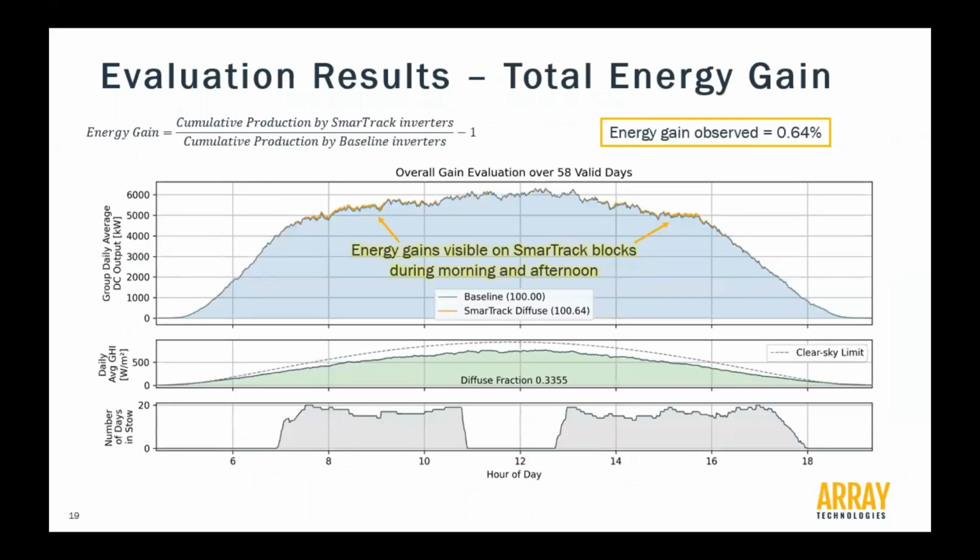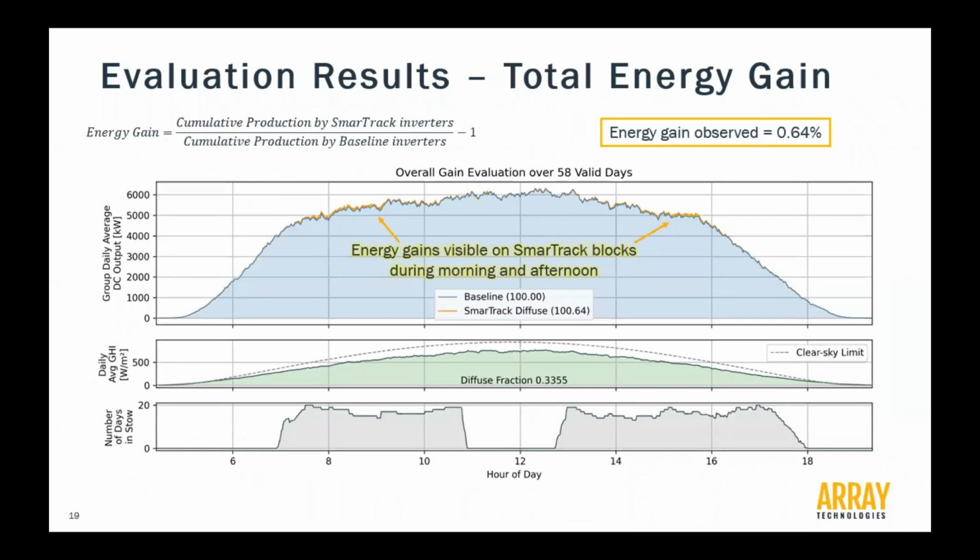Busy slides coming up. This slide summarizes the diffuse field evaluation data. The top graph shows the average DC output as a function of time. So the DC output averaged at each time stamp throughout this evaluation period for SmarTrack Diffuse and the baseline, relative to the baseline inverter group.